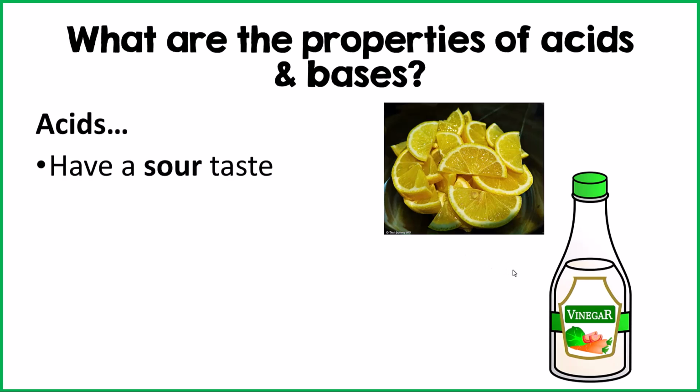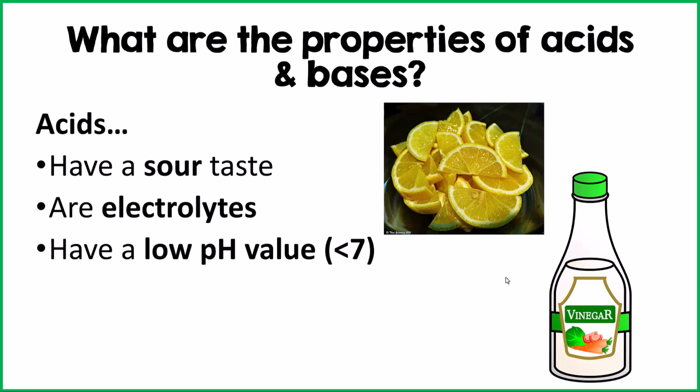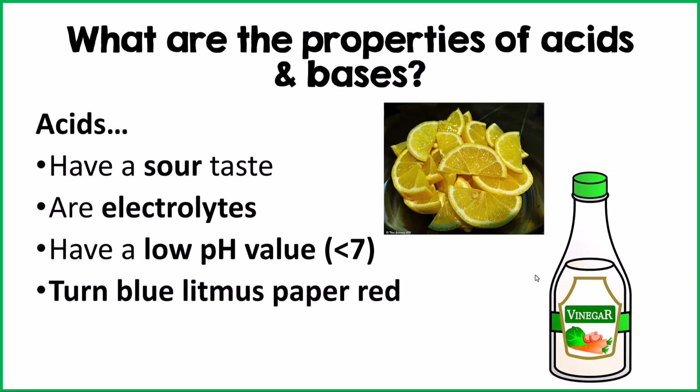Acids have a sour taste, are electrolytes. In other words, they dissociate in solution to be able to conduct electricity. They have a low pH value, and we'll get into the pH scale in a little bit here, but just for now, know that they have a low pH value, which is less than 7 on the pH scale.